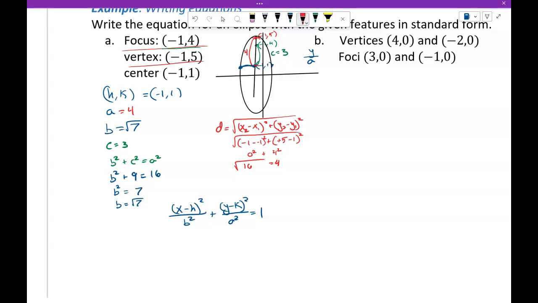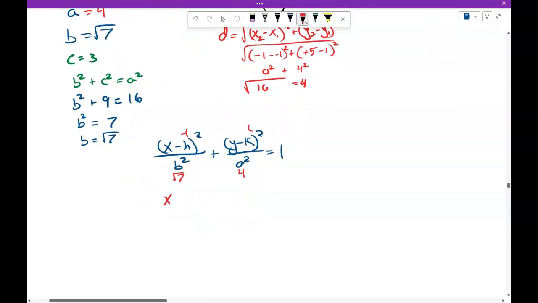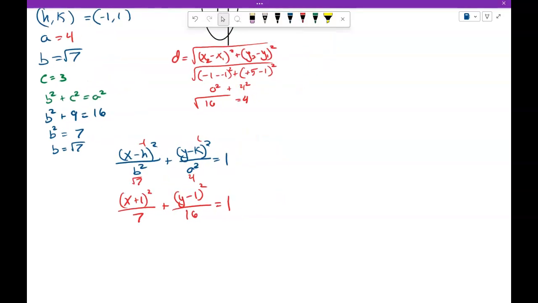And we substitute in our values for h, for k, for a, and b as well. So we'll have (x plus 1) squared over 7, plus (y minus 1) squared over 16 equals 1.